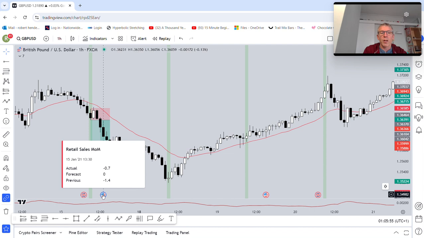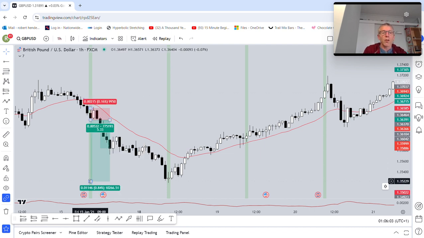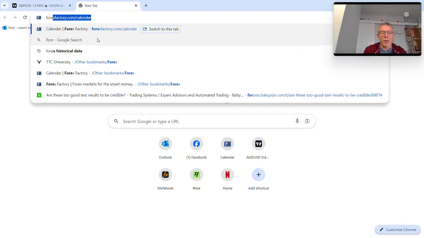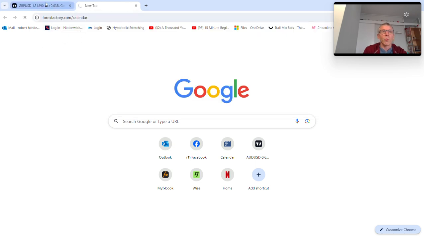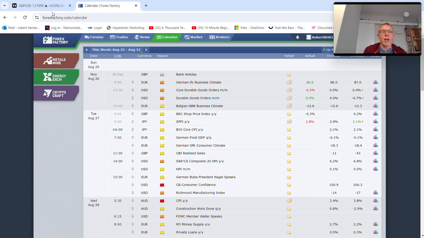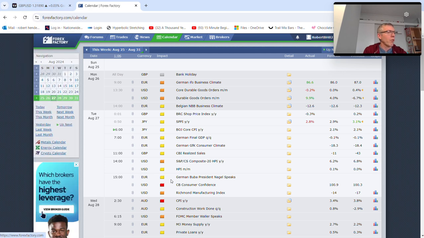And here you can see there is red news from America. And so you'd have to decide whether you're going to hold through that or sell off beforehand. I have Forex Factory open as I'm going, so I can just check as I'm going, and then red news and such I would close out beforehand.